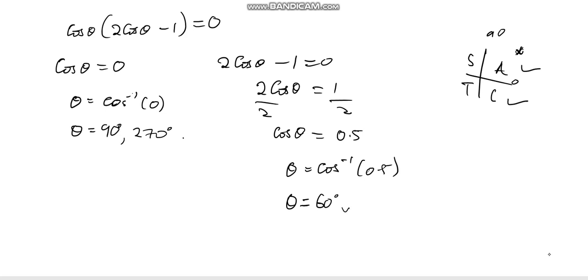Now, how do we get the other solution? The fourth quadrant. To get a solution from the fourth quadrant, we simply say theta will be equal to 360 degrees minus the calculated angle that we found, which is 60. This gives us 300 degrees.